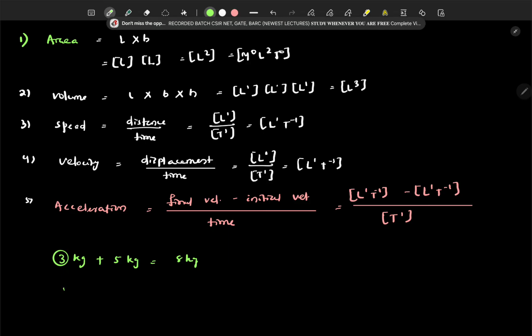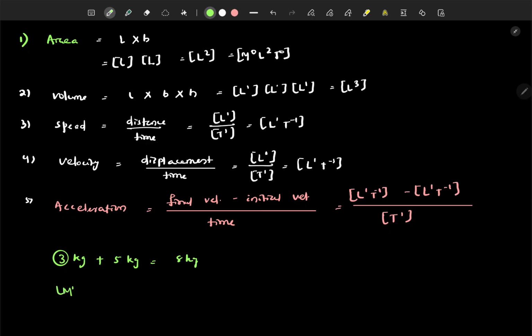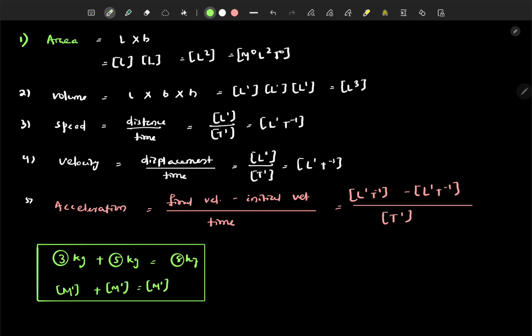Kg means it is M1. 5 is a number having no dimension, then again kg means M1. 8 has no dimension, again it is a number, kg means M1. तो देखो LHS में क्या है, M1 डायमेंशन प्लस M1 डायमेंशन, that is also M1. सो सेम डायमेंशन ऐड होगा चाहे सब्सट्रैक्ट होगा, जो भी करो, सो आंसर रिमेन्स सेम और डायमेंशन रिमेन्स सेम.